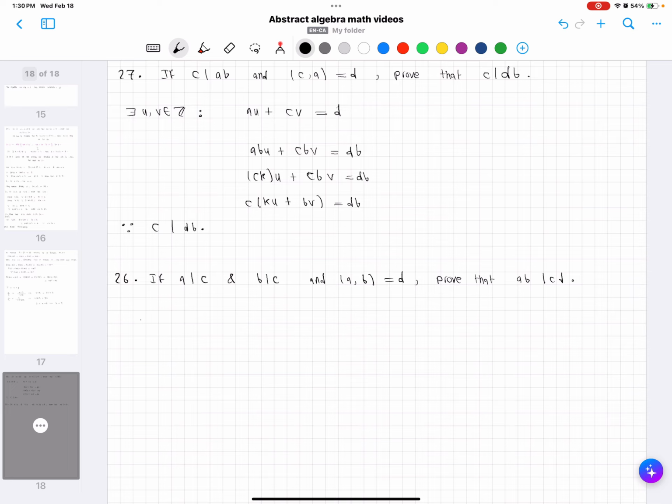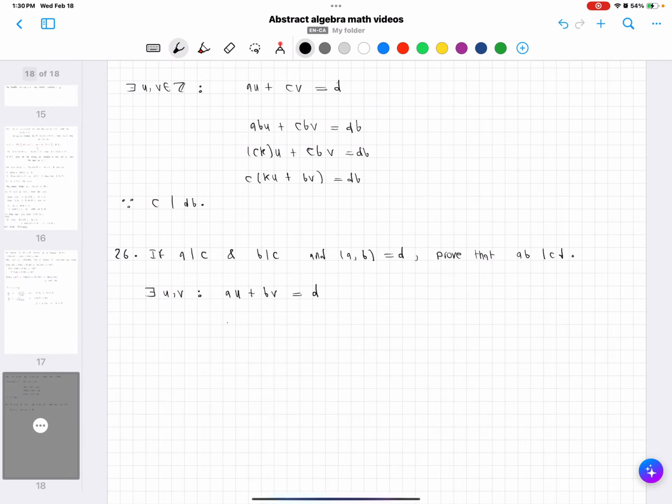So because the GCD between A and B is D, then there is a U and a V such that A times U plus B times V is equal to D. If we multiply by C, then we get A times C times U plus B times C times V is D. We can replace one of the C's by B and the other C by A, and then we get our result.